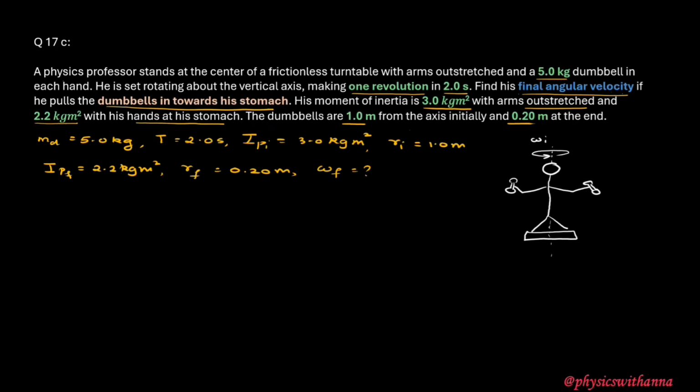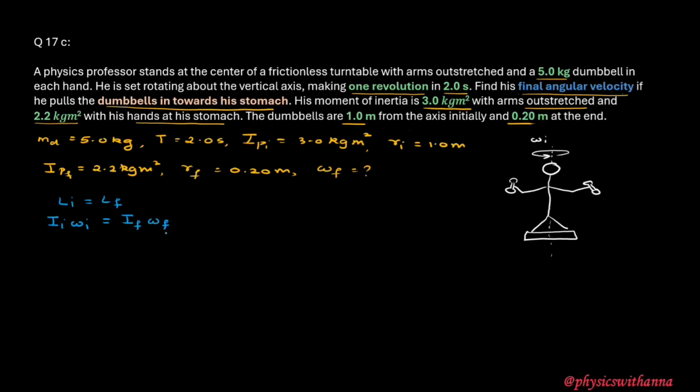Now we know from the law of conservation of angular momentum, initial angular momentum Li must be equal to final angular momentum. Initial angular momentum we can write as the product of initial rotational inertia times the initial angular velocity, and final angular momentum we can write as final rotational inertia times the final angular velocity.